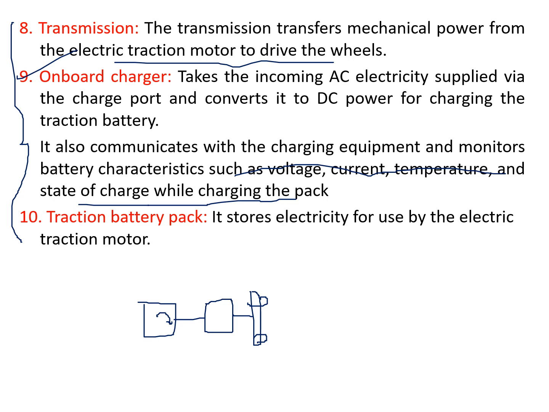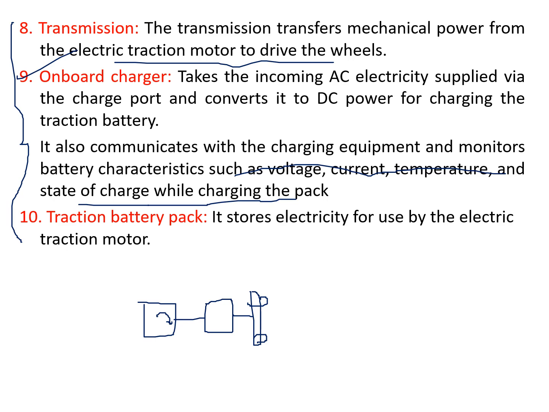Once the required level of charge is reached inside the battery, it has to stop the charging because of overheating and other disadvantages for the battery. That's why the onboard charger also communicates with the battery about voltage, current, temperature, and state of charge. Traction battery pack, it stores electricity for use by the electric traction motor.